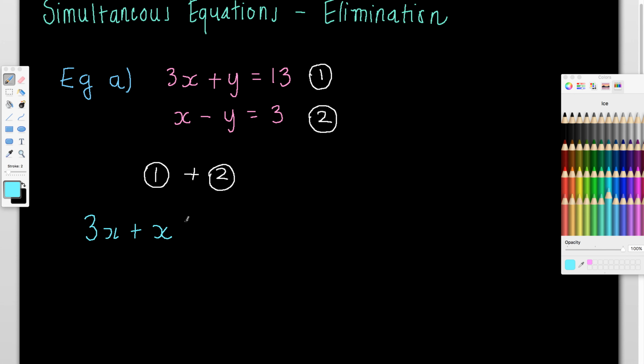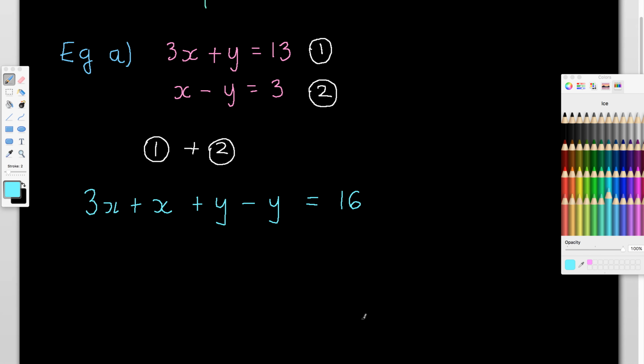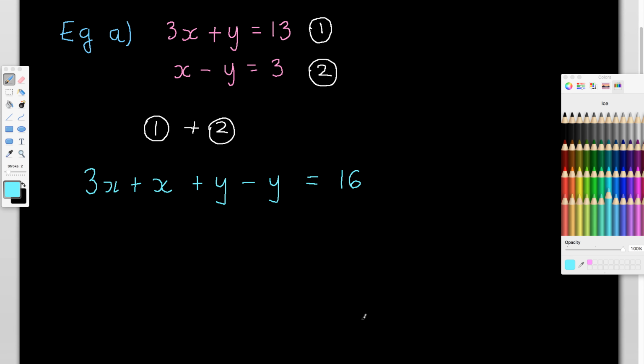My next term is y, so this is going to be plus y. Now remember, I'm adding that to the second equation, so it's going to be plus minus y, which is just minus y. And then I'm going to work on the right-hand side. So you work with one side at a time. I'll have my 13 plus 3. I'm just going to write that straight up as 16.